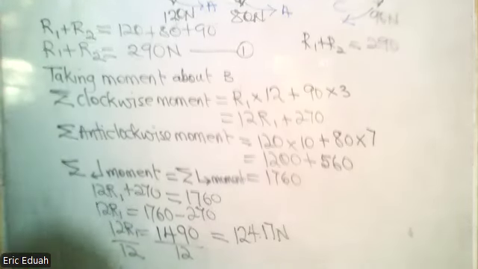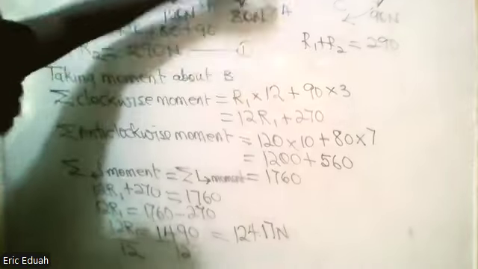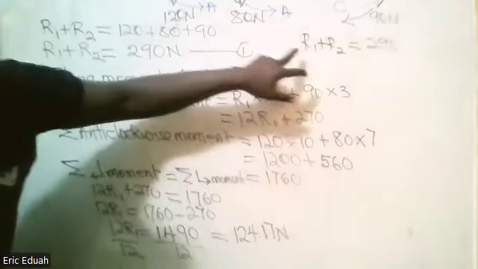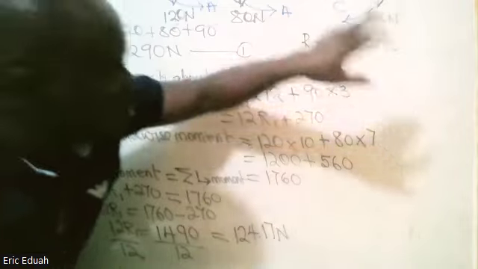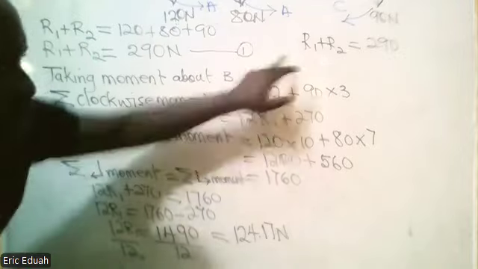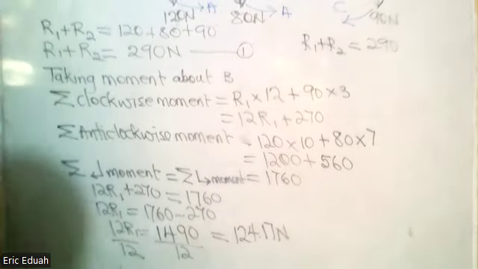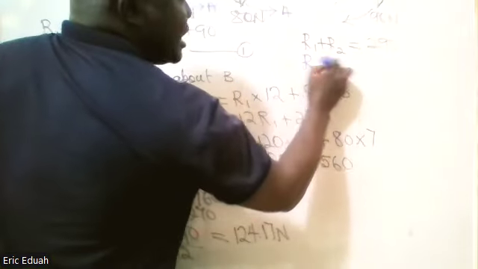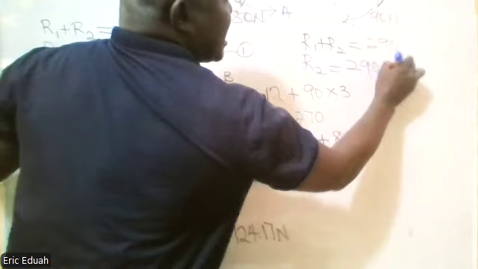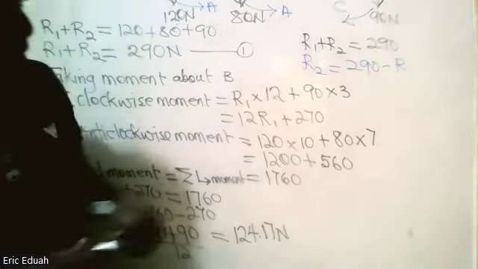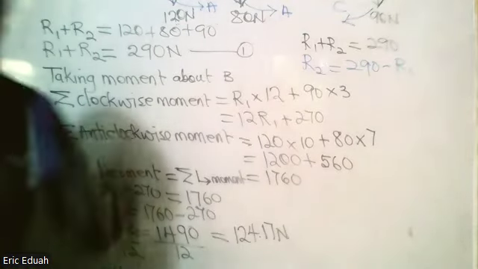So the best thing is to take the moment around the other support. Then use your answers to test this: if R1 and R2 add up to 290, then your answers are correct. If not, then your answers are wrong. Because I have R1, R2 would certainly be 290 minus R1, and that is correct only when R1 is also correct.